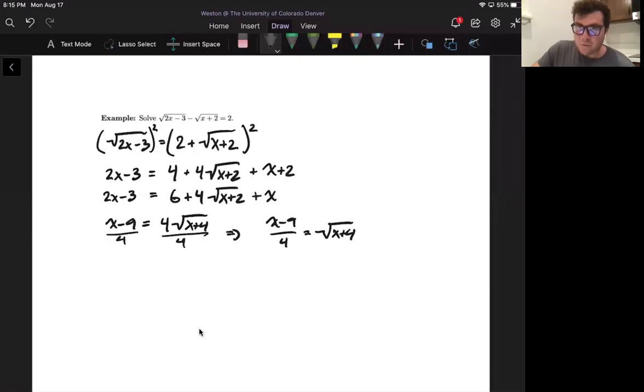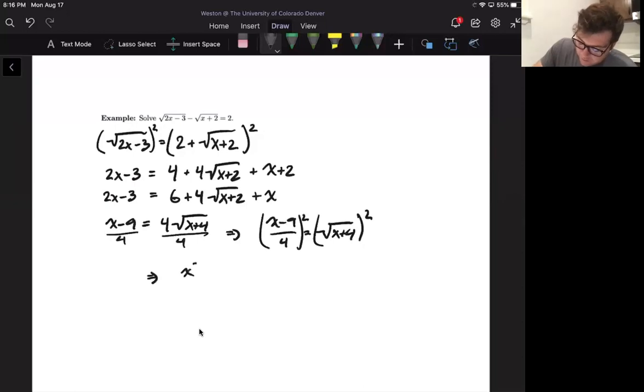And now we have a square root that's isolated on one side. So all we have to do is square both sides of the equation. And I'm going to just jump right into expanding the left-hand side.